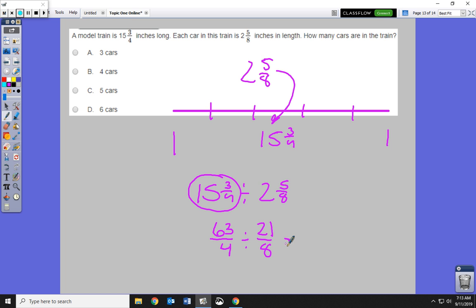I'm going to take the reciprocal of the divisor now, so that gives me 63/4 times 8/21. Cross reduction here. I see that 8 and 4 have a common factor of 4. 4 goes into 4 once, 4 goes into 8 twice. I have a common factor here too. 21 goes into 21 once, 21 goes into 63 three times. I have 3 times 2 gives me 6 cars.